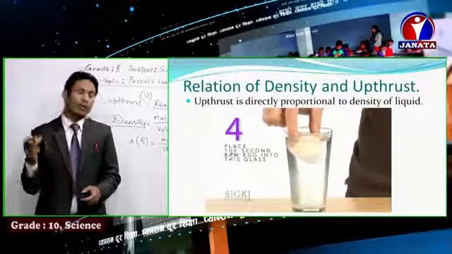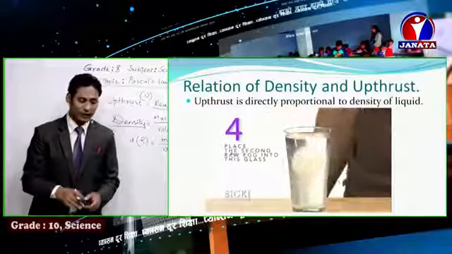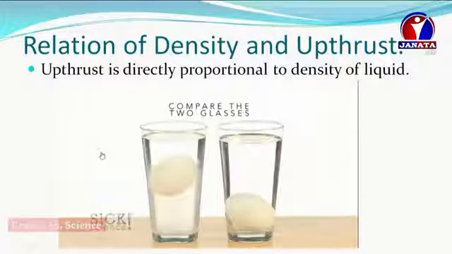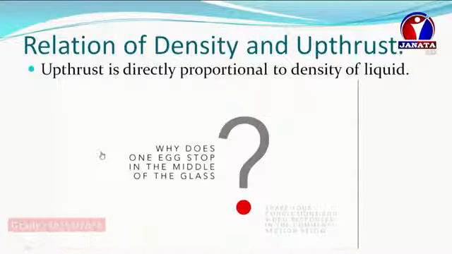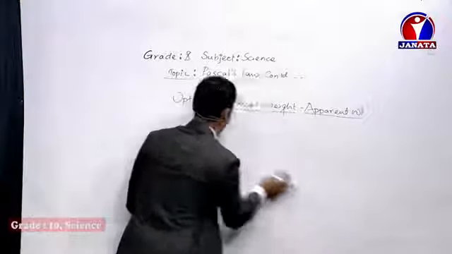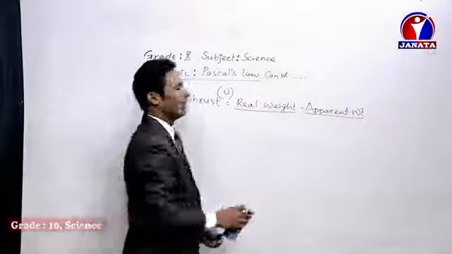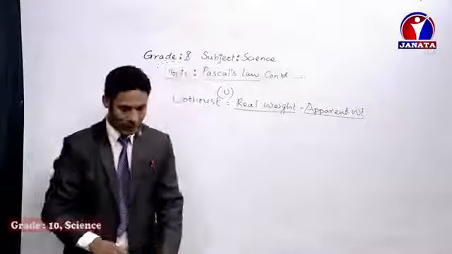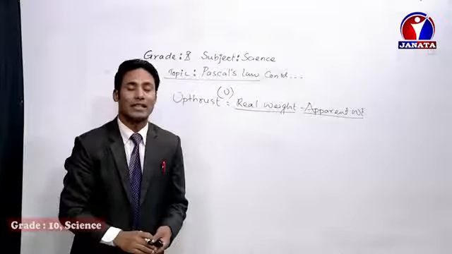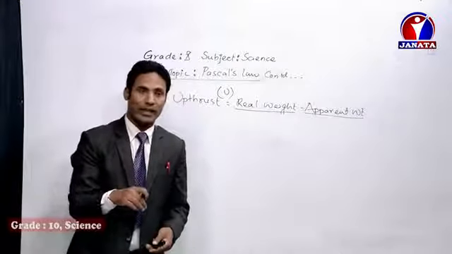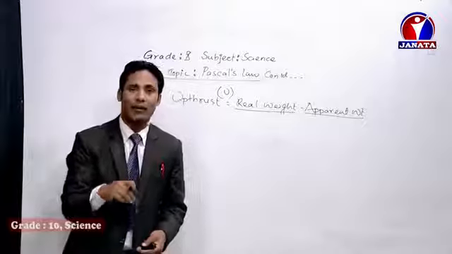But if you add some salt to that same water and put the same egg in again, then it will float. What that means is, whenever the pure water is there, the density of water is less than the density of the egg. That is why it will sink in the water.